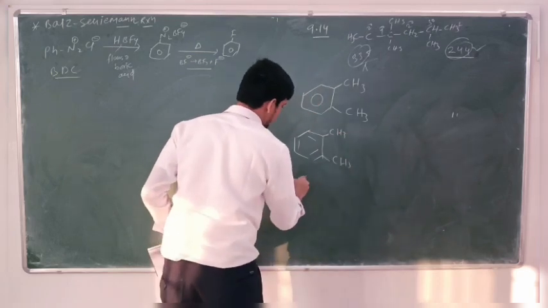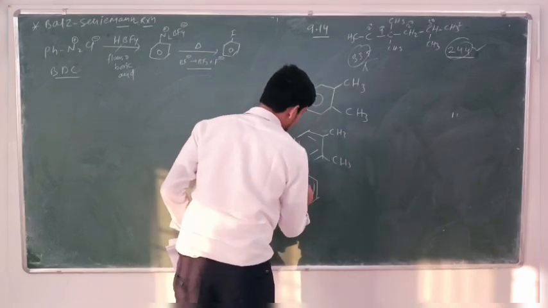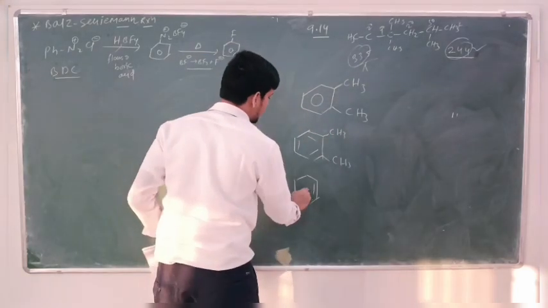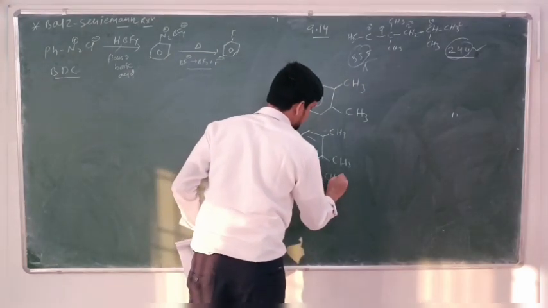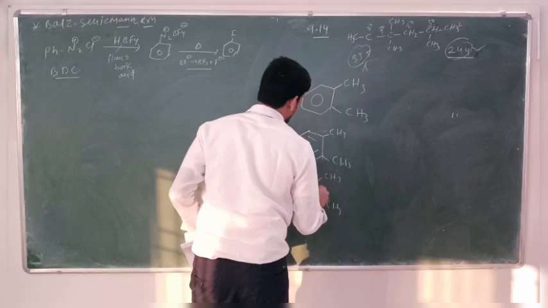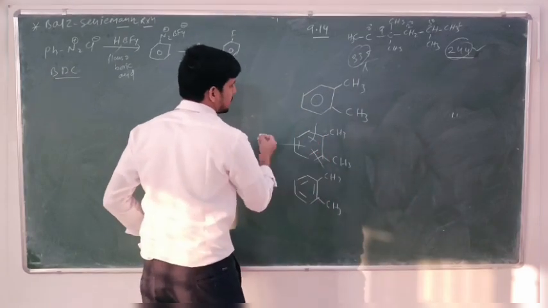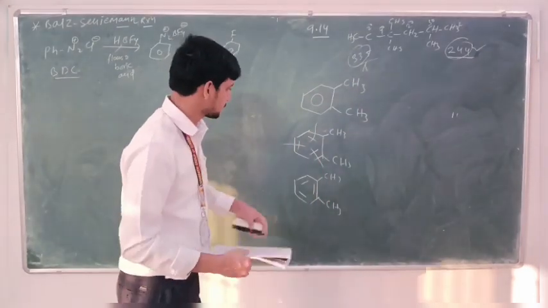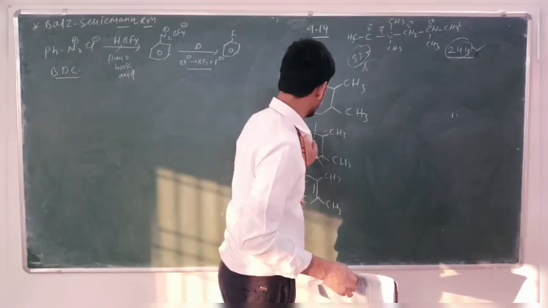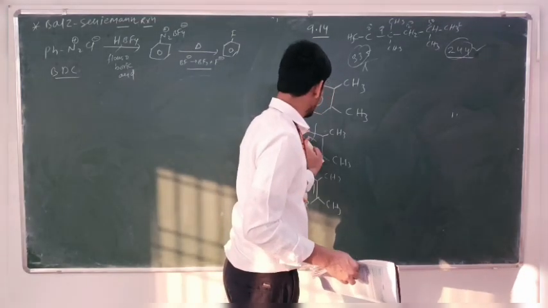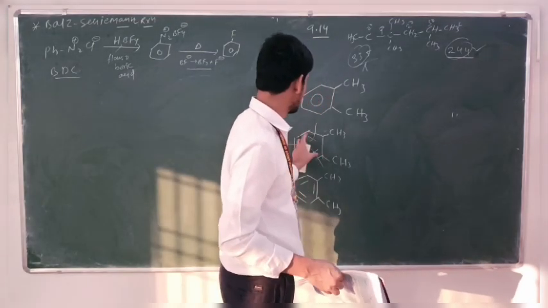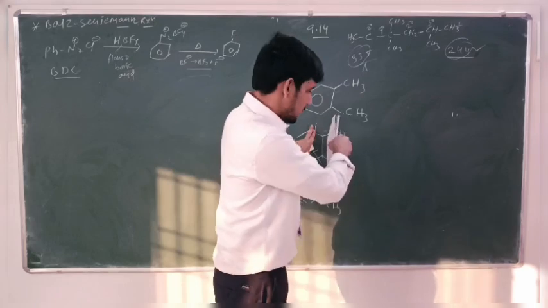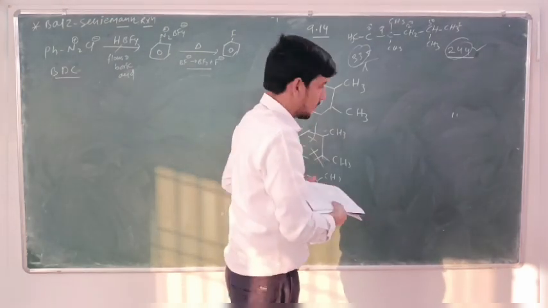Draw these compounds first. Second, if you replace the double bonds, these compounds will form. Now start breaking the compounds. If you break here, what is formed? This one is dimethyl glyoxal.